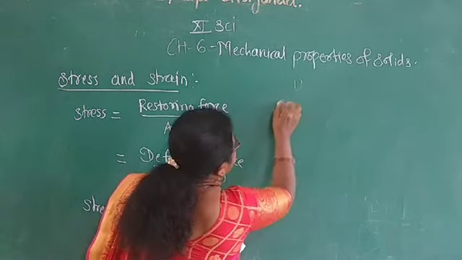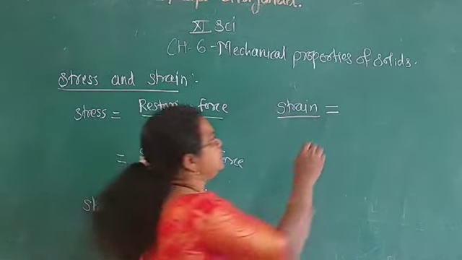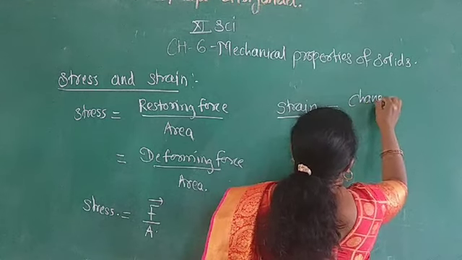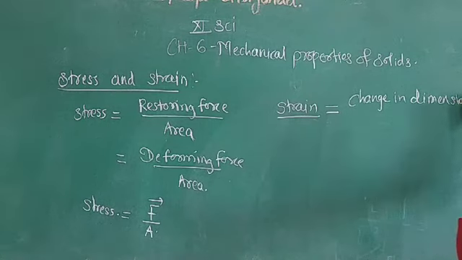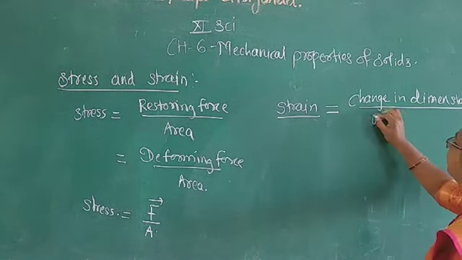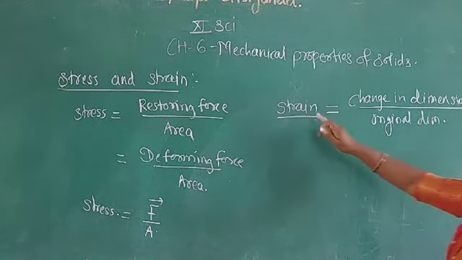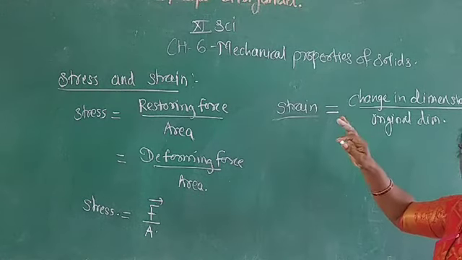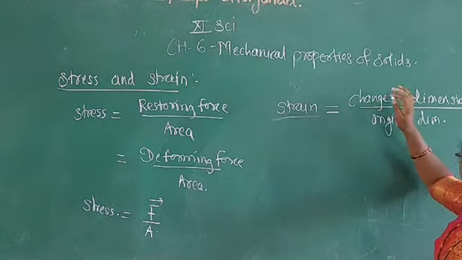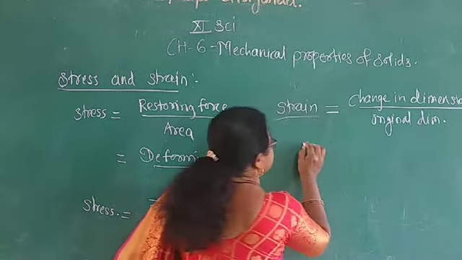Strain can be defined as the ratio of change in dimension to the original dimension. That means whatever may be the change in dimension, it is the change in value to the original value. Okay. So it is a unitless quantity.